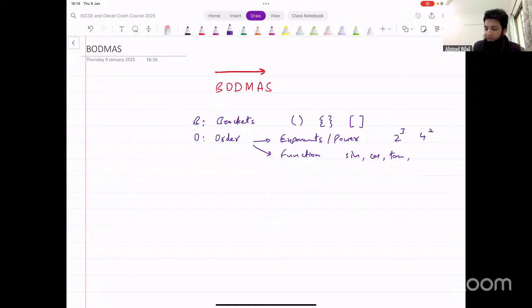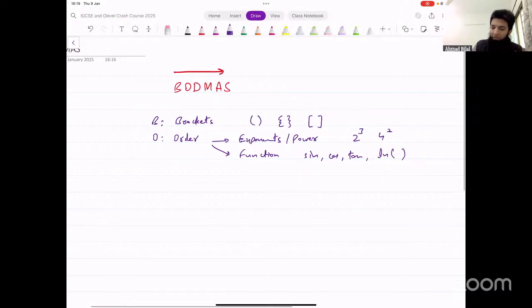For example, you'll see the ln function, that's the log function. You will see, for instance, tan inverse, sine inverse, cosecant, a number of different types of functions. So basically, the idea is if you have any function applying, that has the second priority.